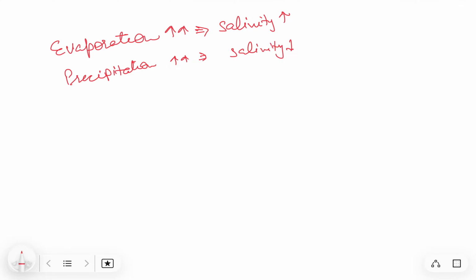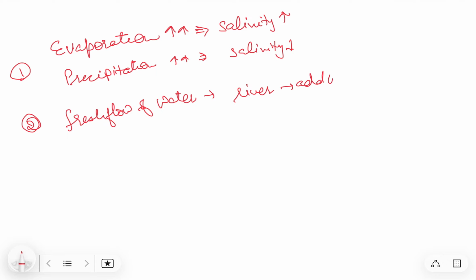The second is fresh water flow. Rivers will add water, so the salinity will be reduced. And the third is the melting of ice.